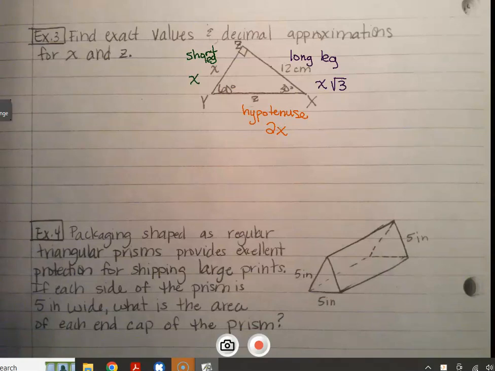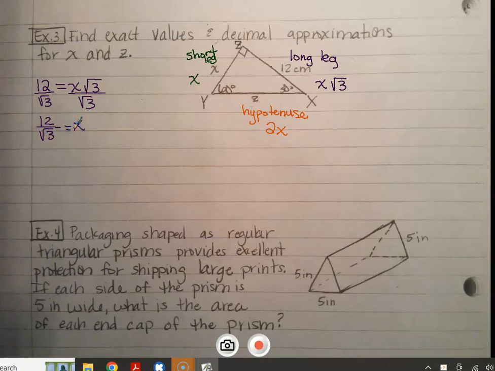Okay, so let's start with the number we know. We know this 12 centimeters here. So we know 12 equals x times the square root of 3, right? That's what we said. The long leg is x times the square root of 3. How would we solve for x? Well, we could divide by the square root of 3. So then we end up with 12 divided by the square root of 3 equals x.